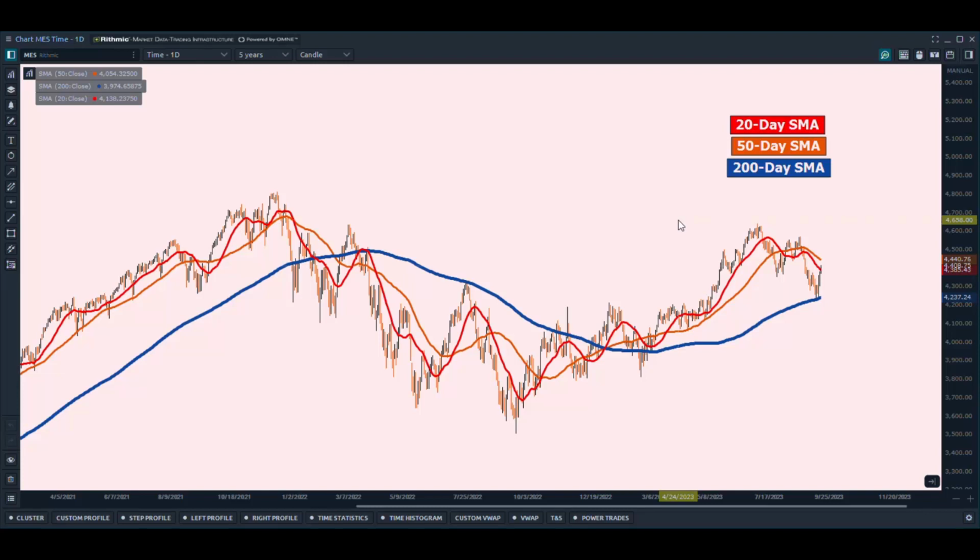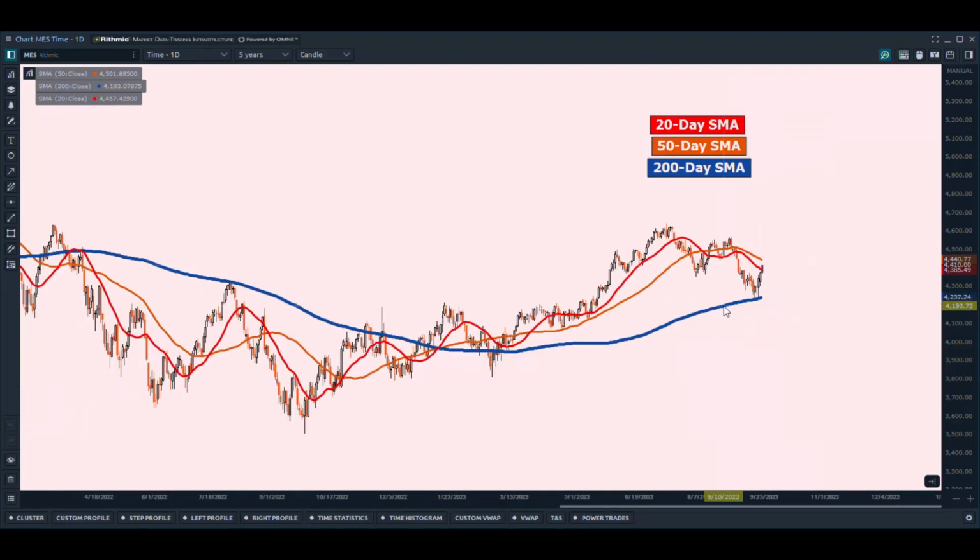A lot of people use moving averages as potential resistance and support, and that is something you can definitely use, especially if you're using an extremely popular SMA. For example, the 20, the 50, and the 200-day SMAs are very popular, so using them as potential support or resistance makes sense.